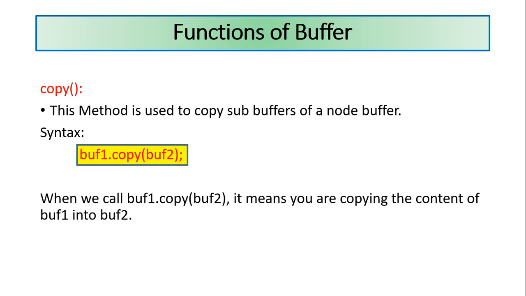One more thing: if buffer2 is smaller than buffer1, only the bytes that can fit into buffer2 will be copied. In the second scenario, if buffer2 is larger, it will be padded with 0.